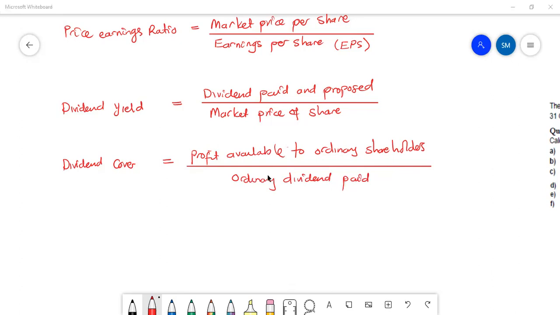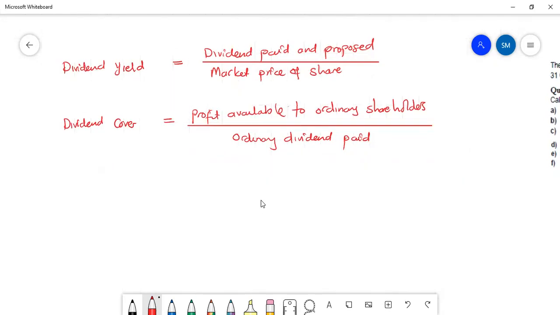And then last but not least, we have the dividend per share. We are going to say the ordinary dividend that was paid divided by the number of issued ordinary shares. I think that's straightforward.